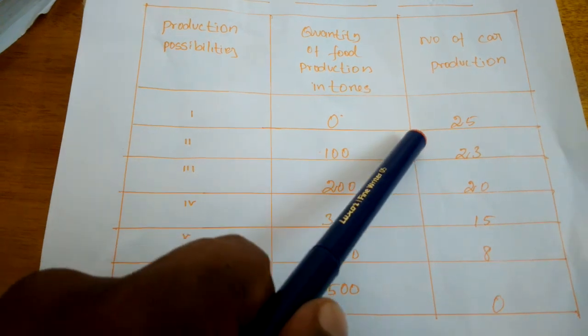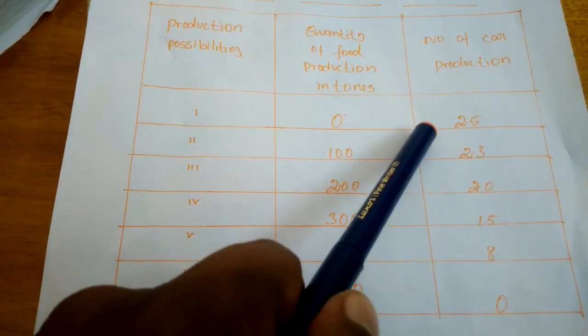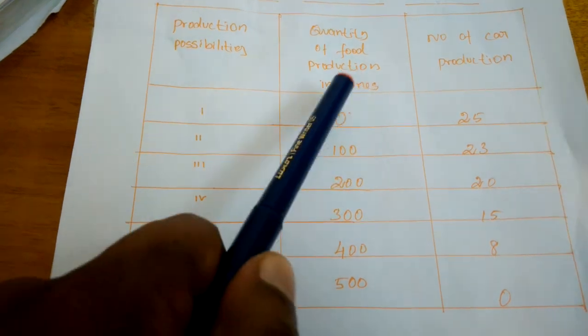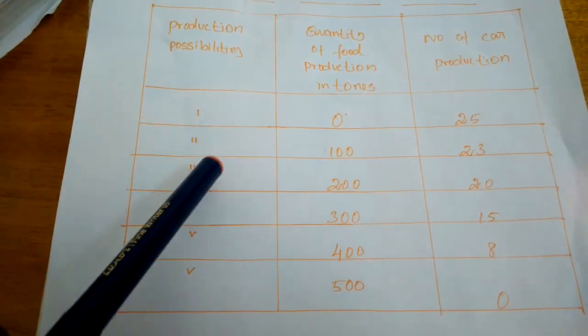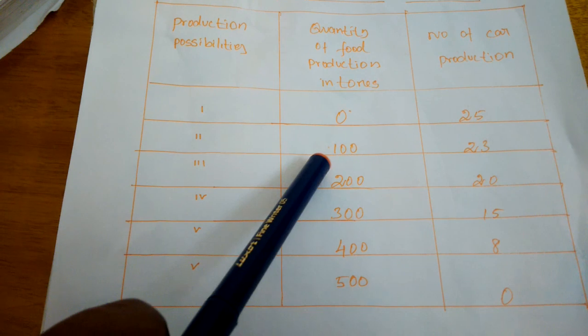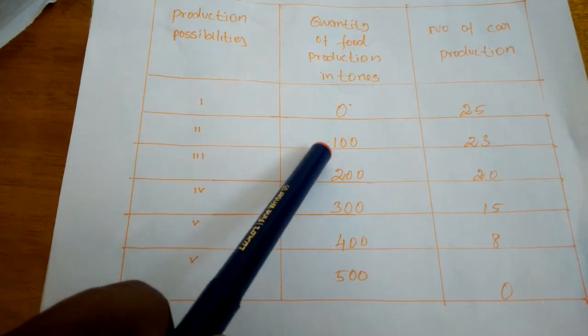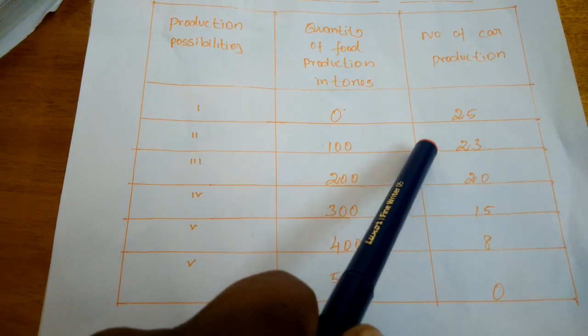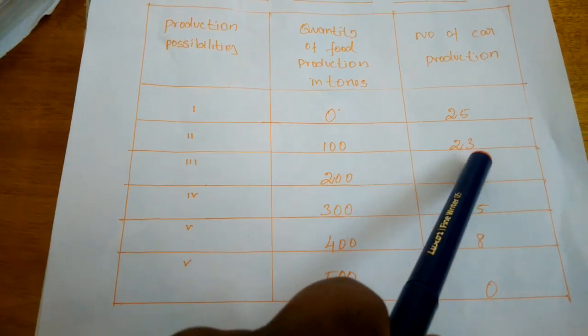If the government chooses to produce 25 cars, it will be unable to produce food. In the second possibility, the government can produce 100 tons of food, reducing cars by 2, so 23 cars can be produced.